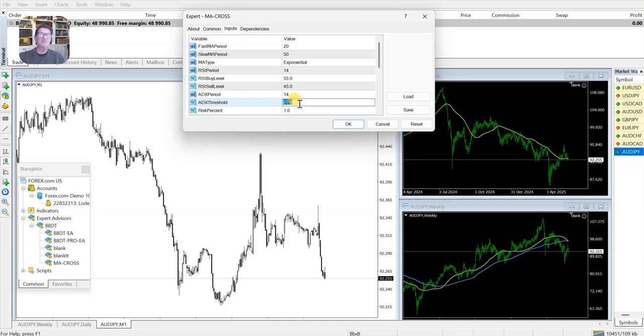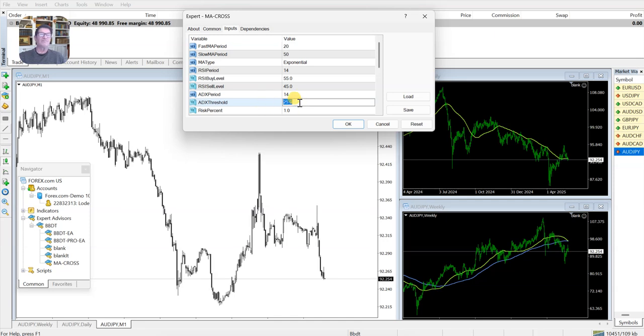Just remember, the higher you put this number, the longer it will take for the EA to determine that the strength is super strong. The lower you put this number, the quicker the EA will determine the trend, but it will be a weaker trend.